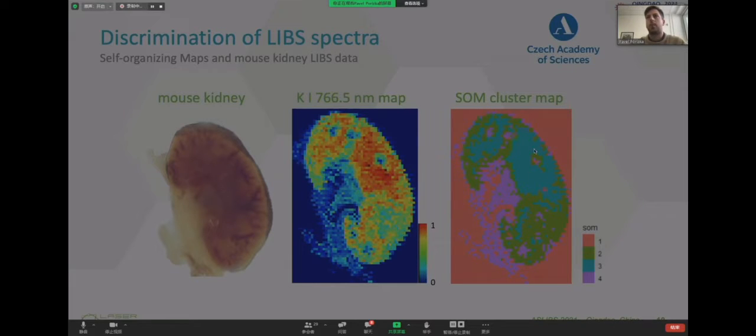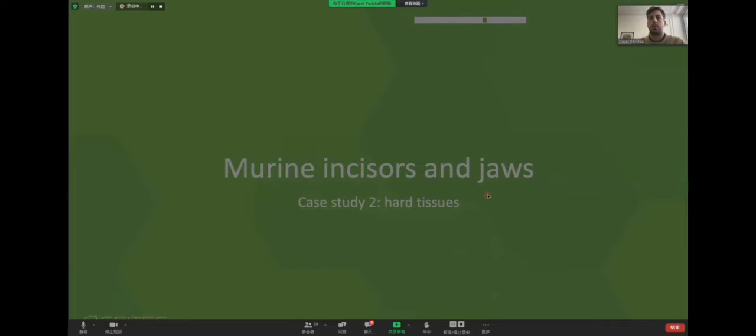And then you can see different regions within the kidney, depending on different intensities and correlations between different elemental lines. So this is what we are working on. We are also working on this in the case of cancer tissues, where it is really interesting to see the division between cancer and healthy tissue, just some border.